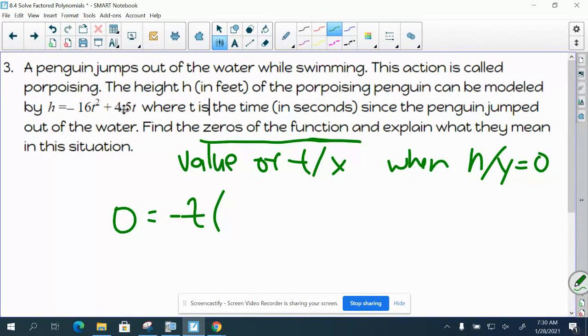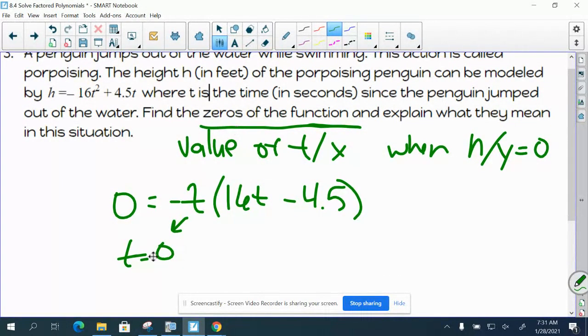Sometimes you can factor out more than a negative t, just depends on what the velocity is, if it has anything in common with 16. So then we get 16t, flip the sign, minus 4.5. Okay, so this 0 gives us t equals 0, and if we're explaining what they mean, then this is the beginning time. So that means the penguin starts at a height of 0.